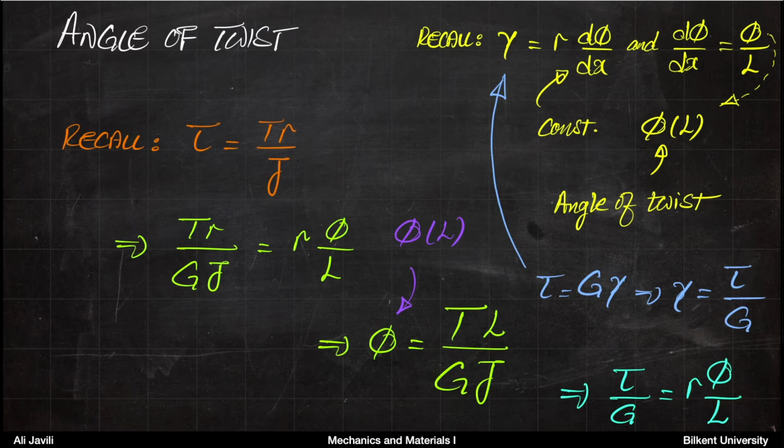You get your relation that we were looking for. Phi, angle of twist, is T times L divided by GJ.